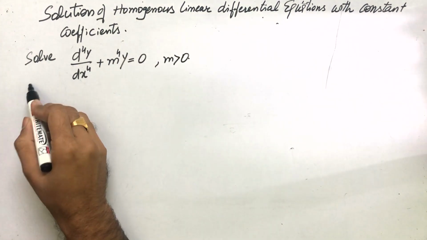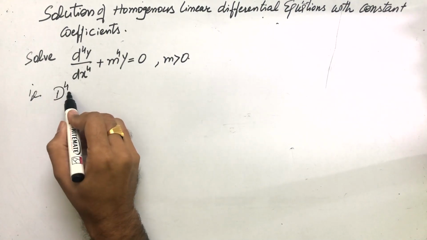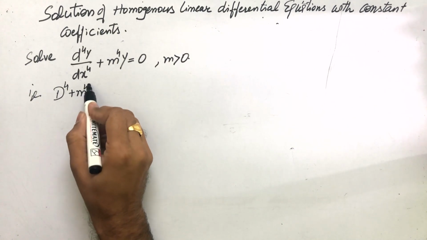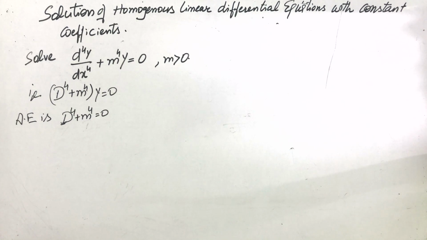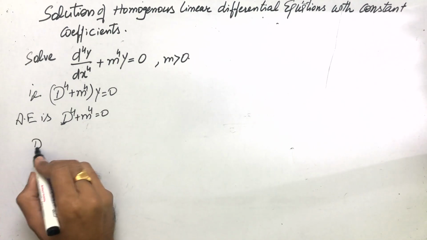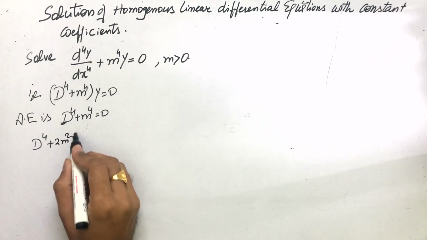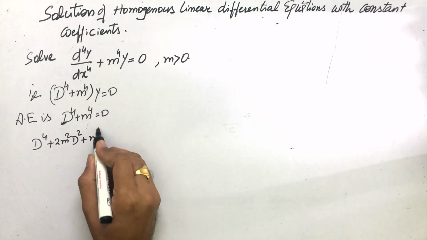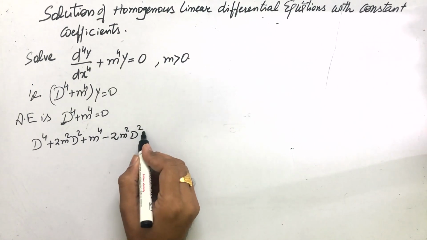So first of all, we will express this in terms of capital D as D plus m power 4 times y is equal to 0. Let us solve this for the roots of this equation. For that, we use a method. We will add 2m square D square and we subtract the same term.